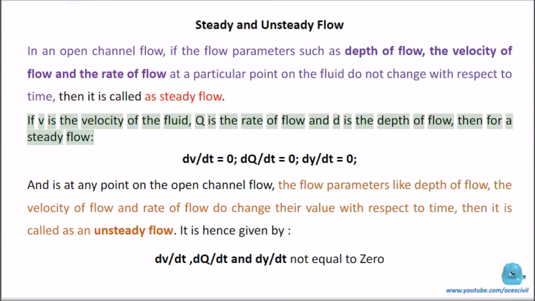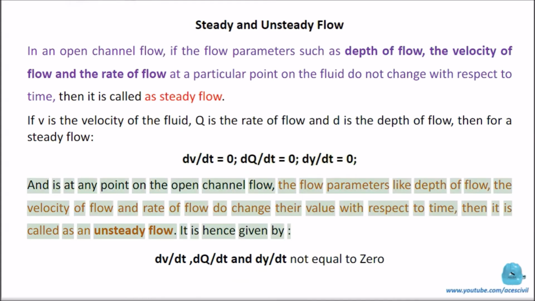If v is the velocity of the fluid, Q is the rate of flow and y is the depth of flow, then for a steady flow, dv/dt equals 0, dQ/dt equals 0, dy/dt equals 0, at any point on the open channel flow.